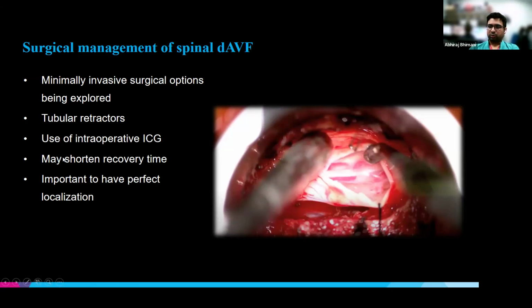In that case, you can even avoid sometimes a postoperative angiogram, if the ICG shows resolving connection between the arteriovenous abnormalities, although it has not been widely adopted yet. And angiogram still remains the gold standard postoperatively to check for any residual.